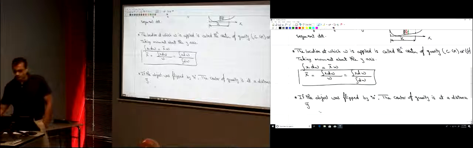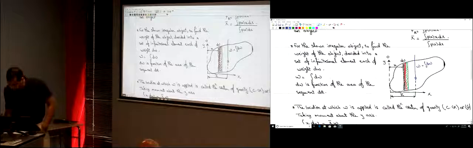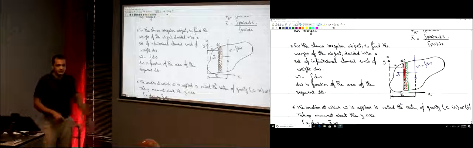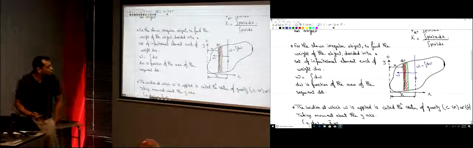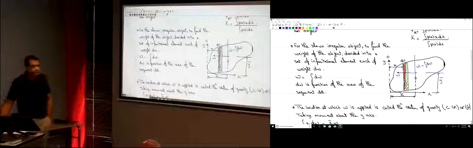Okay? So if I rotate it, it's the same W, but it's in this direction, right? So where is that point? We're talking now about this distance, y bar. Where is this distance, y bar?